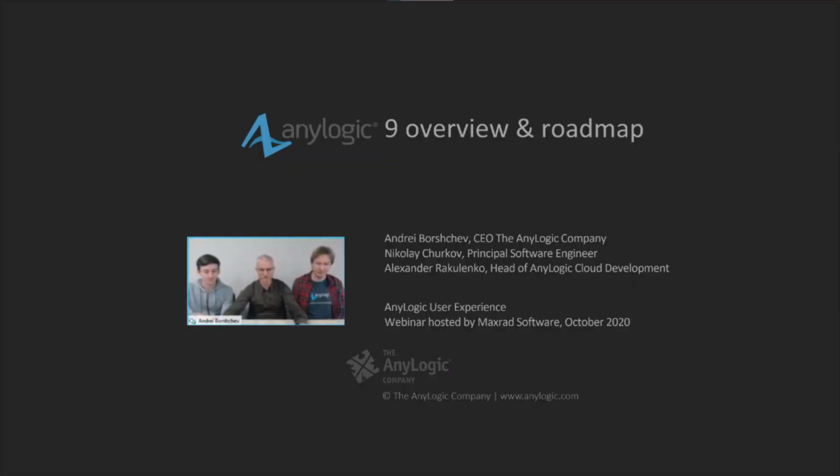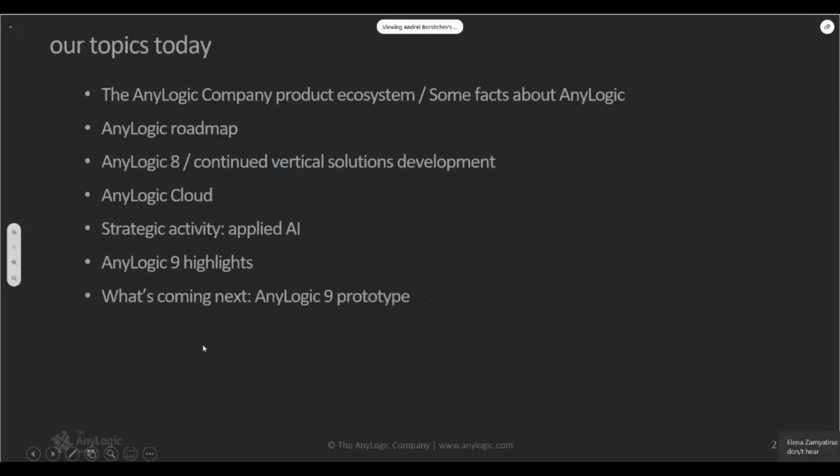Now I can share my screen, so I'll start sharing. So these are our topics today. We'll talk a little bit about the AnyLogic company and our product, just in case some of you are not very familiar with who we are and what we do. Then there'll be a high-level view of the AnyLogic roadmap, and then we'll talk about vertical solution development that has been going on for years, never stopped, and will continue regardless of any AnyLogic version, be it 9 or 8.